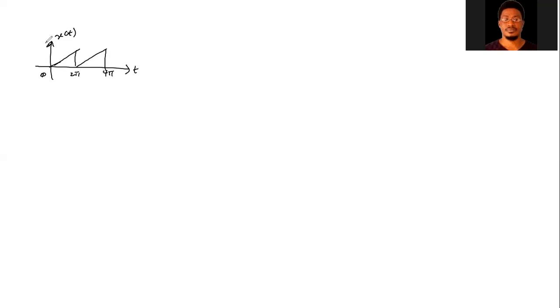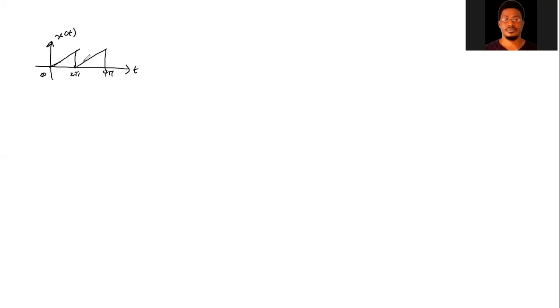So let us evaluate the Fourier coefficients of this signal. You have been given this problem to solve. You want to evaluate the Fourier coefficients, so the A0, AN, and BN. What's the next thing to do here? The first thing is to figure out the equation for this signal.